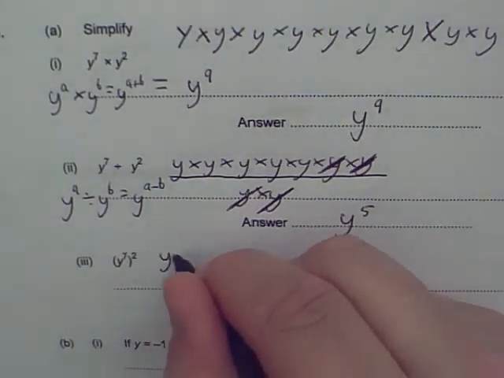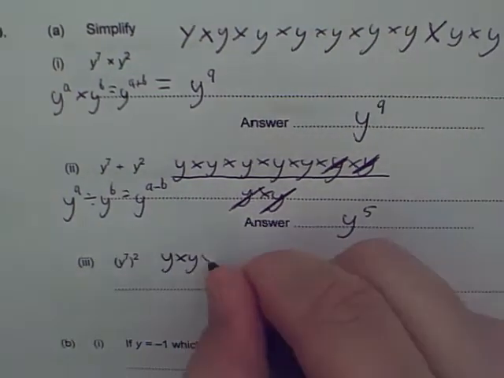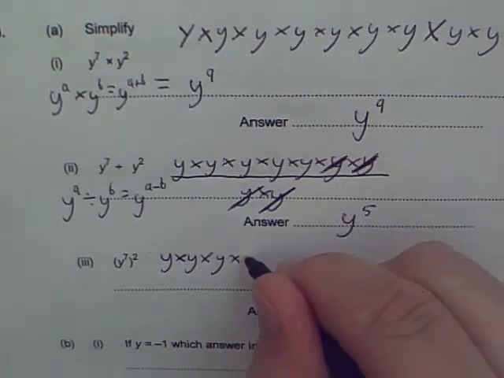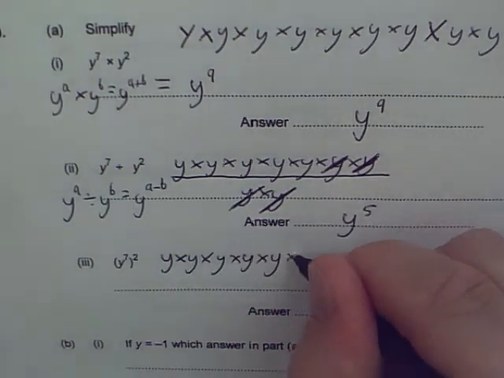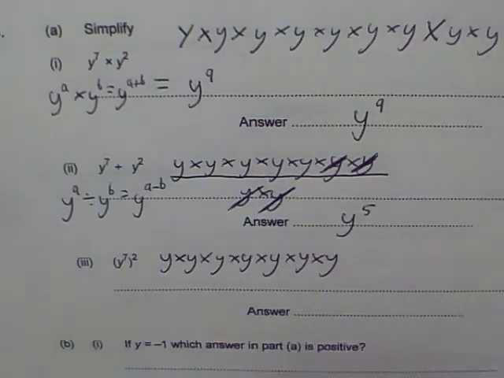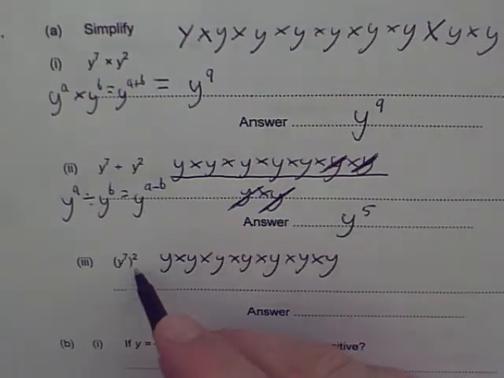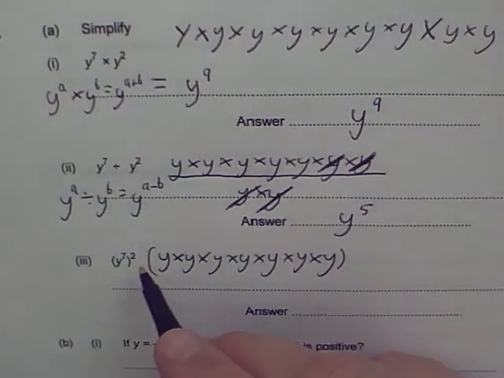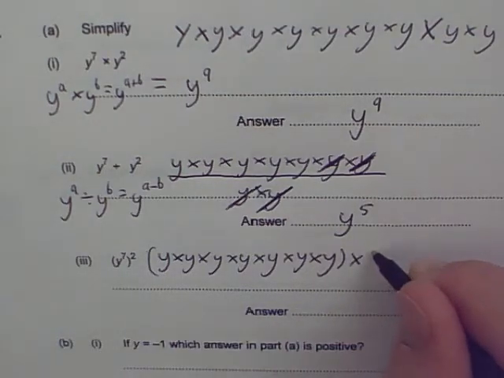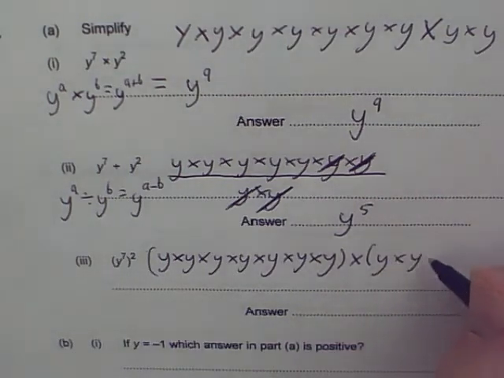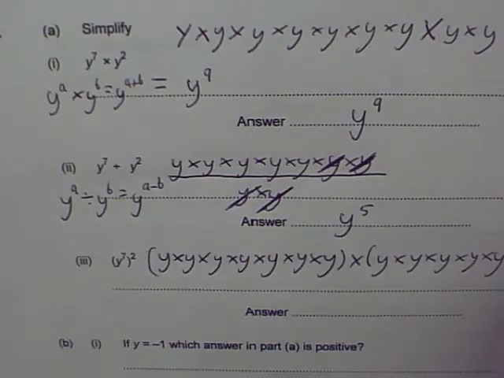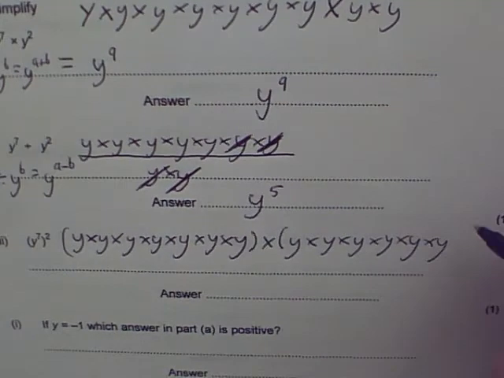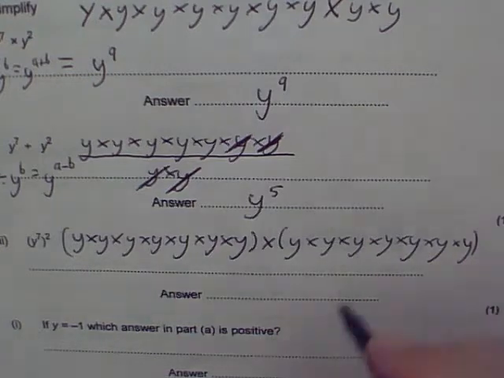So let's have a look at what that means really. 1, 2, y multiplied by itself 7 times, 3, 4, 5, 6, 7, and I'm going to multiply that by itself. So I'll put that in there. It's the same thing again, isn't it? 3, 4, 5, 6, I'm off the end, 7, which is just 14 lots of y if I counted them up.